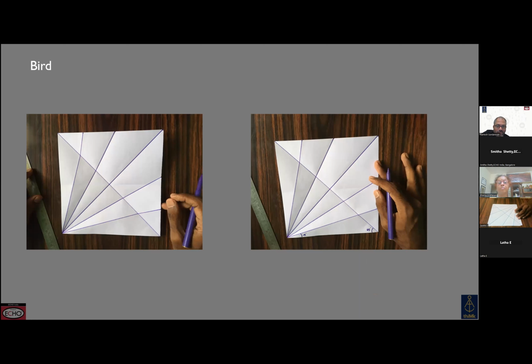So now we know that this diagonal here, it's 45 degrees because of half of the right angle. This is 45 degrees. And so this one is going to be just 15 degrees. Yeah, this is 15.